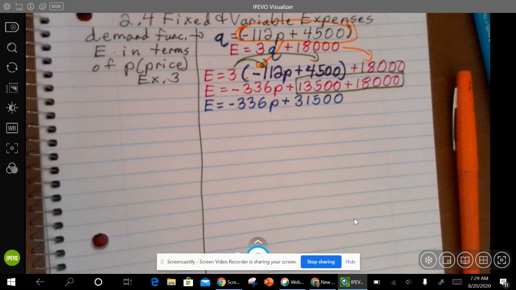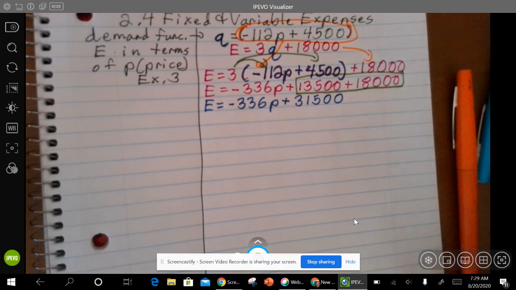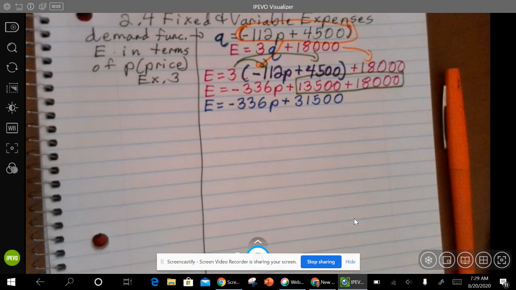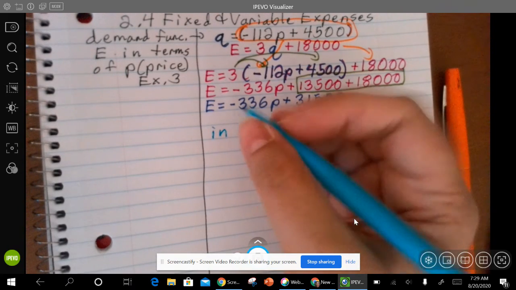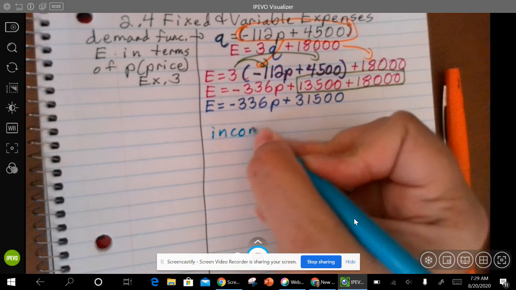Okay, so we've been talking about expense. So revenue, everybody, is our next topic we're going to talk about. So revenue is the income the business receives from products and services.